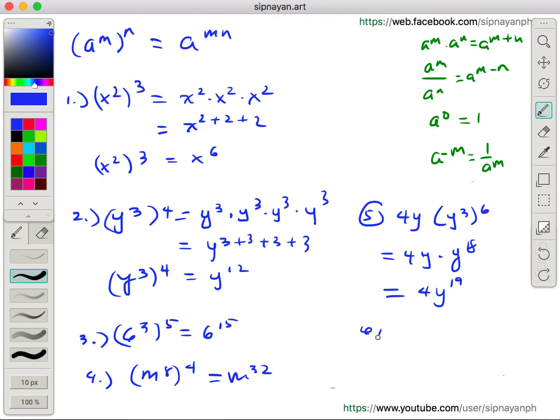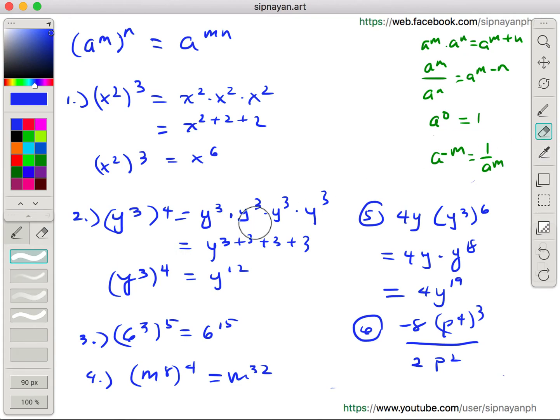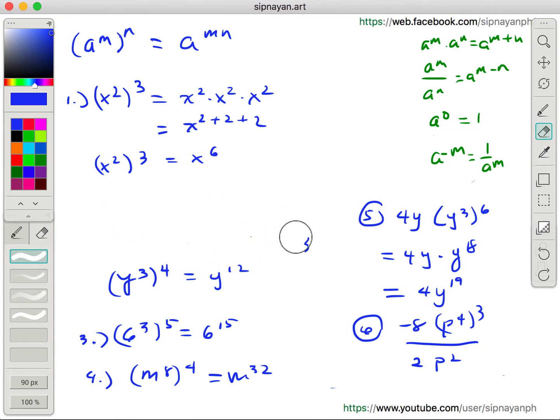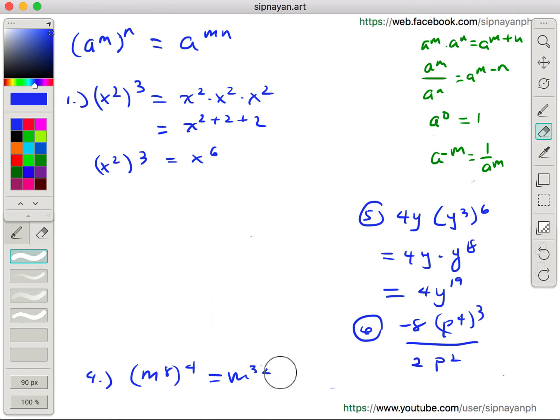Number 6, ito na yung last example natin. Medyo maiksi itong video natin. So negative 8 p to the 4th cubed divided by 2p squared. Okay, so again, from mga previous examples natin, anong ginagawa natin? Di ba? Pinagsasama natin yung mga numbers, tsaka pinagsasama rin natin yung variables, para mas madali tayo mag-simplify.